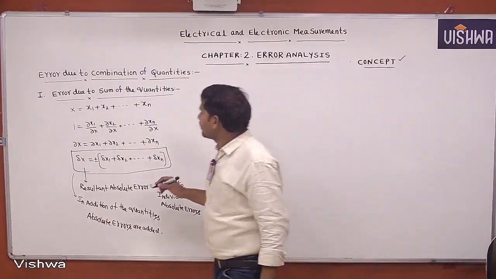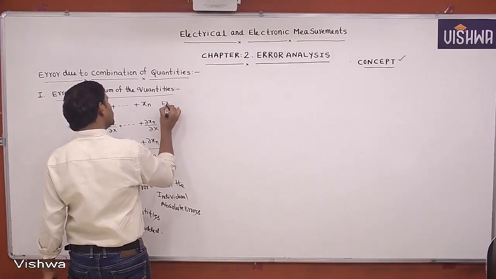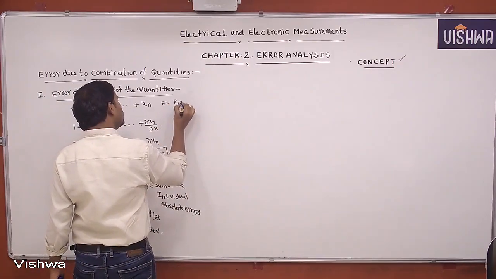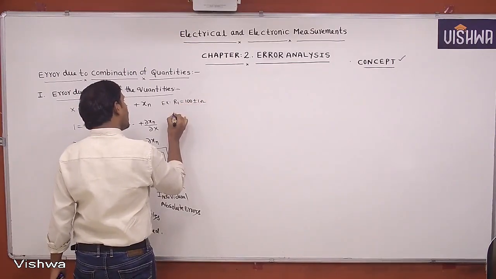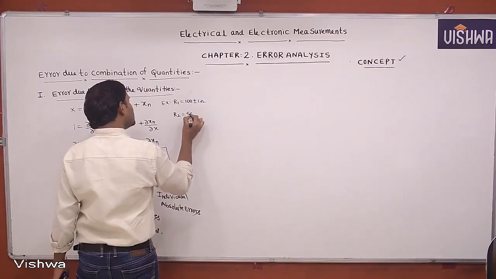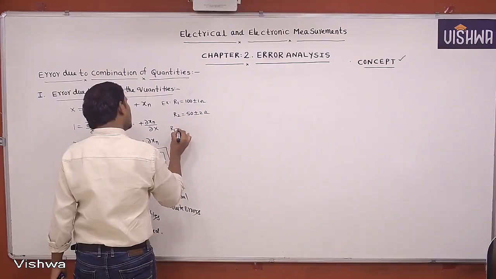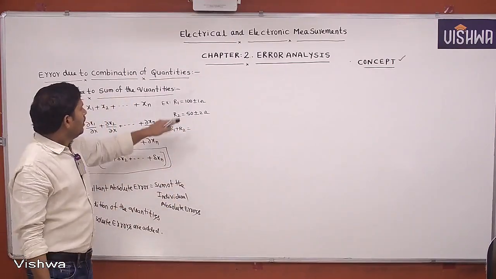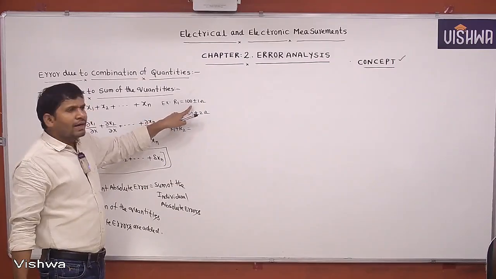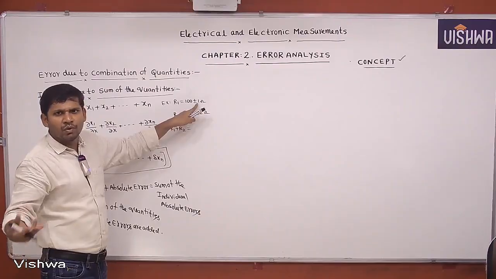For example, R1 equals 100 plus or minus 1 ohm, and R2 equals 50 plus or minus 2 ohms. If it is asked to calculate R1 plus R2: in the measurement of R1, 100 ohms is measured, but not exactly; it is measured with plus or minus 1 ohm.